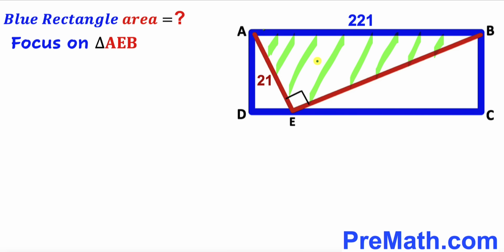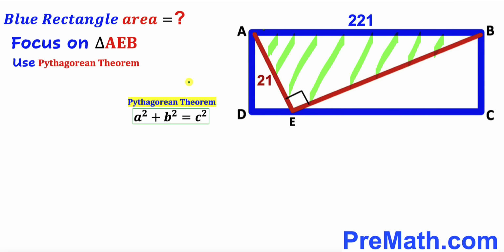So now we are going to focus on this right triangle AEB and calculate the length of segment EB. We apply the Pythagorean theorem: a squared plus b squared equals c squared.